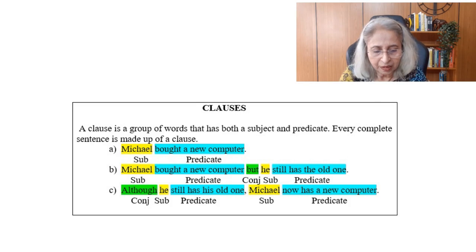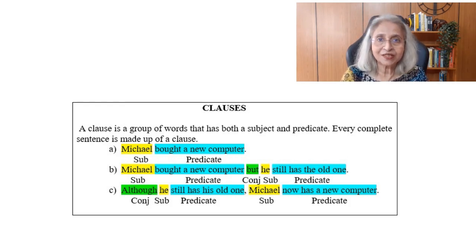Although he still has his old one, Michael now has a new computer. Although he still has his old one, Michael now has a new computer. Now, this is a different kind of construction in the sense that the first part of the sentence, yes, it's a clause.